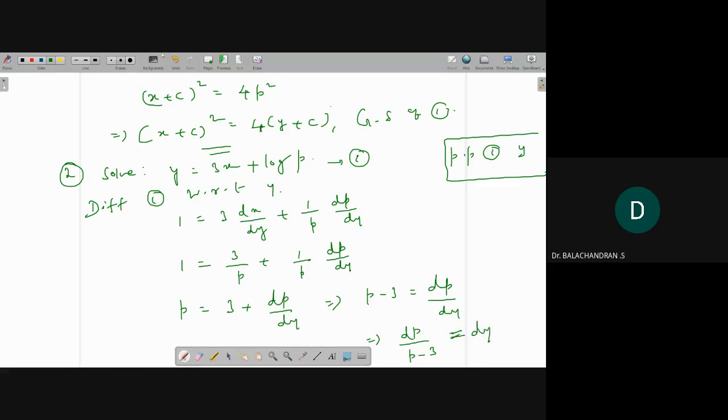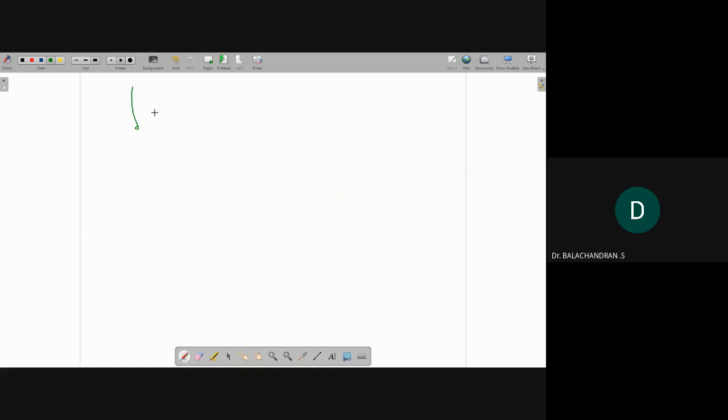Now integrate on both sides. Integration of dp by (p minus 3) equal to integration of dy.